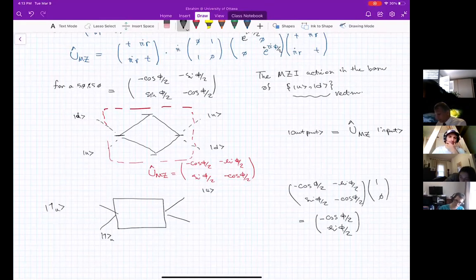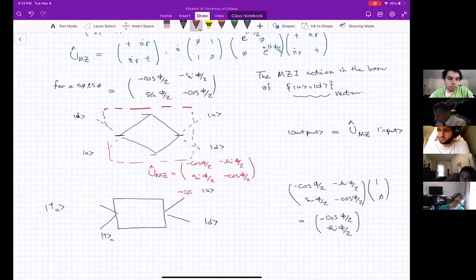This is up, this is down, right? What are the coefficients of these two? Cosine and the sines. Exactly. The qubit: minus cosine of phi divided by 2 and sine of phi divided by 2. Remember, it is a coherent superposition. It is not a mixed state.